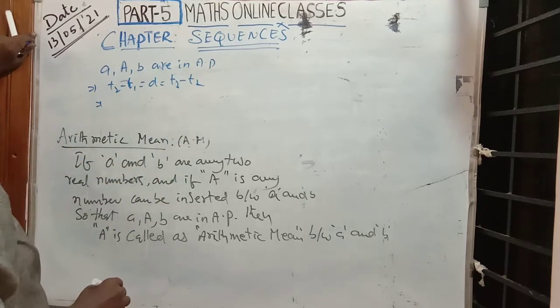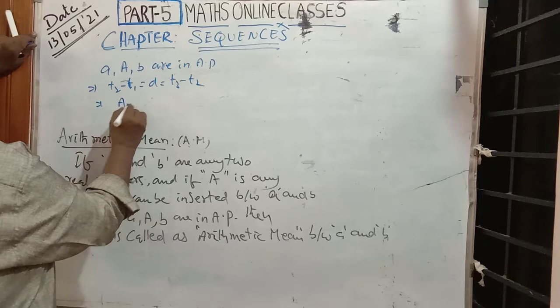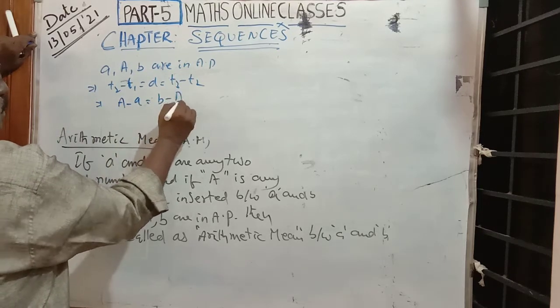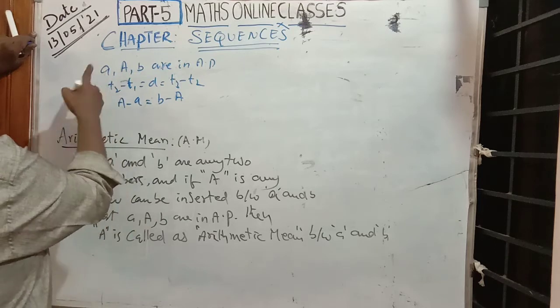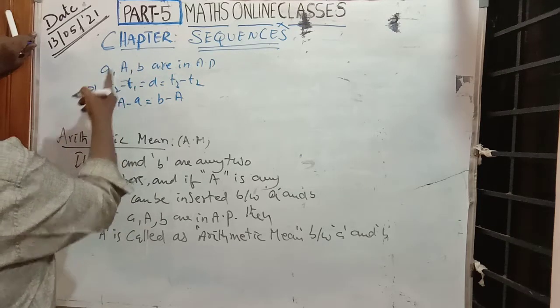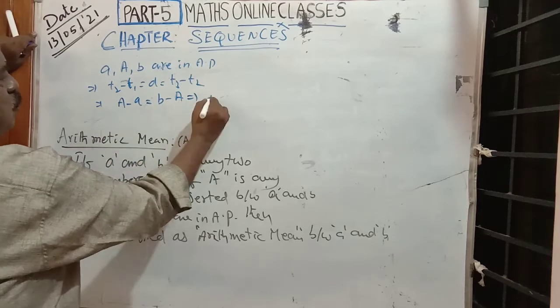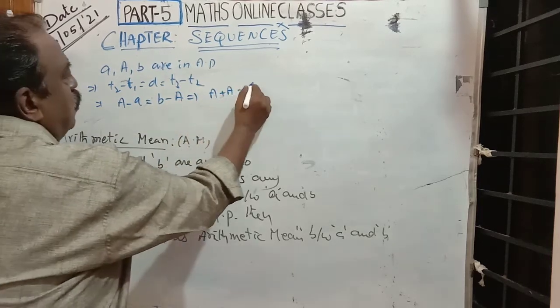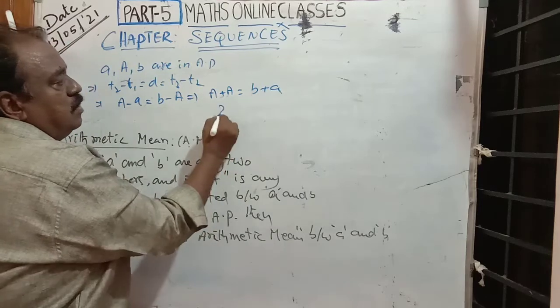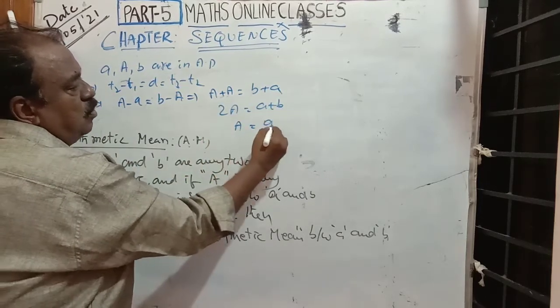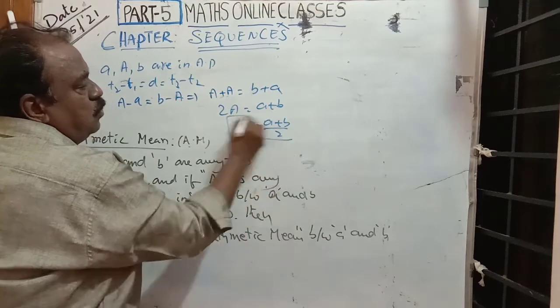That is, capital A minus small a is equal to capital B minus capital A. Bringing terms to one side, A plus A is equal to b plus a, that is 2A is equal to a plus b, so A is equal to (a plus b) by 2.